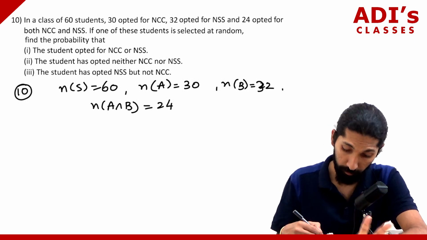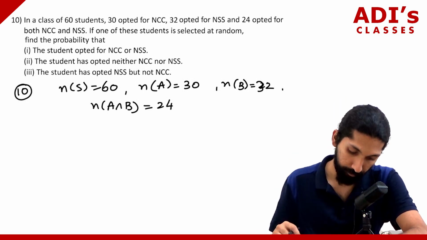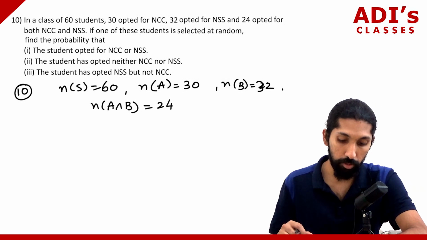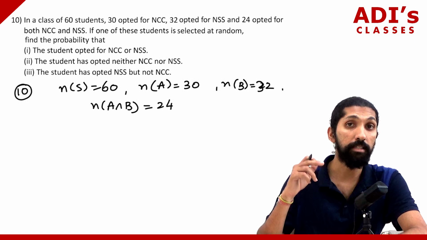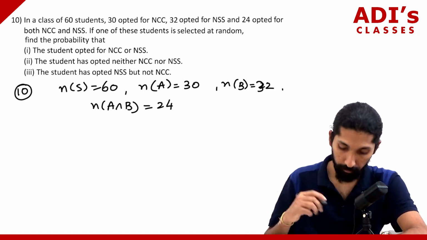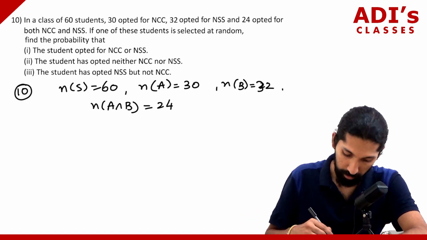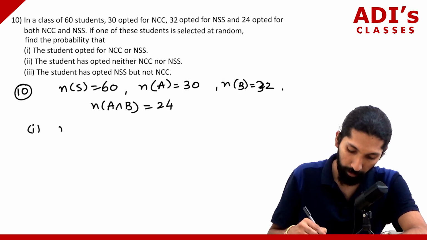Okay, so we have all the possibilities now. Find the probability that the student opted for NCC or NSS.